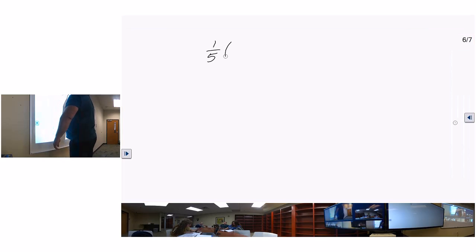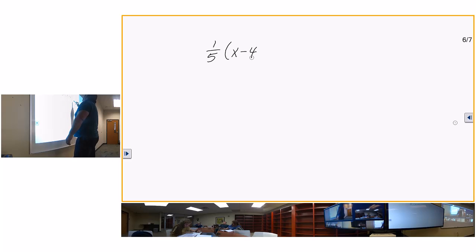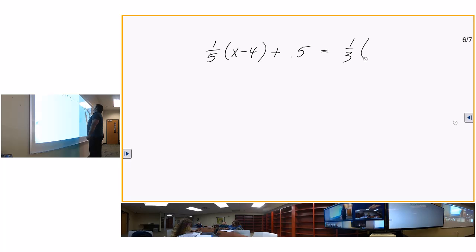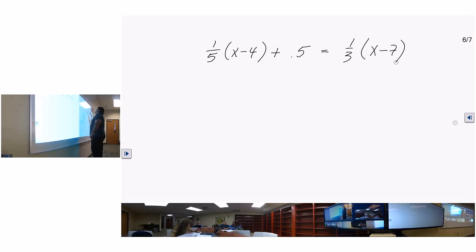1/5 times x minus 4 plus 0.5 equals 1/3 times x minus 7 plus 0.2.